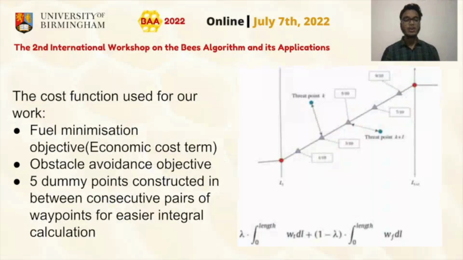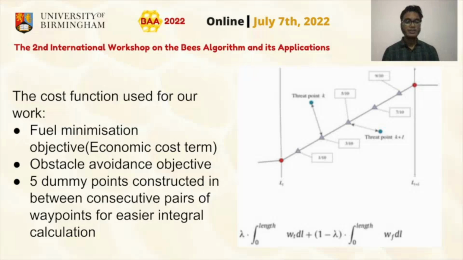Firstly, we made sure that the cost function used in calculating the cost is identical with that of the article wherein Grey Wolf Optimizer had been used for a similar problem. The cost function that has been used in our work contains an economic cost term as one of the parts, which basically tries to reduce the fuel usage, and takes an obstacle avoidance metric as the other part, and together both the parts are weighted to create the required objective.